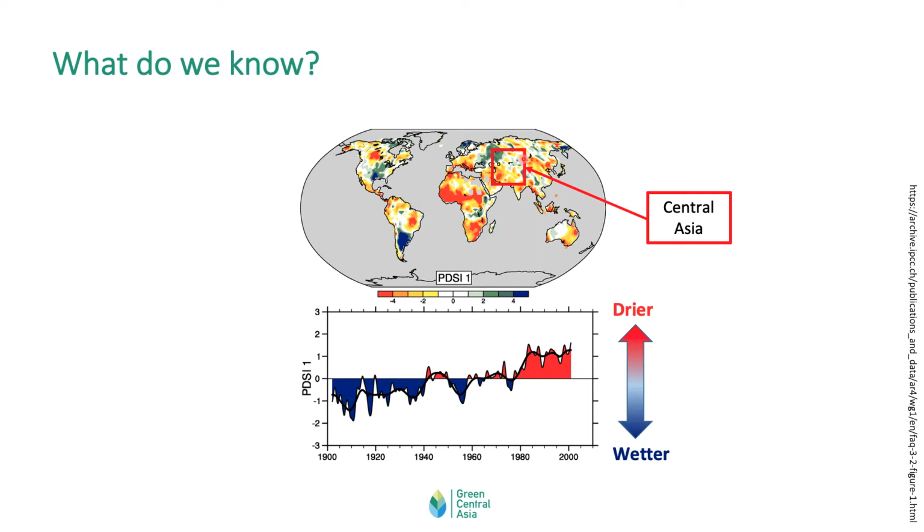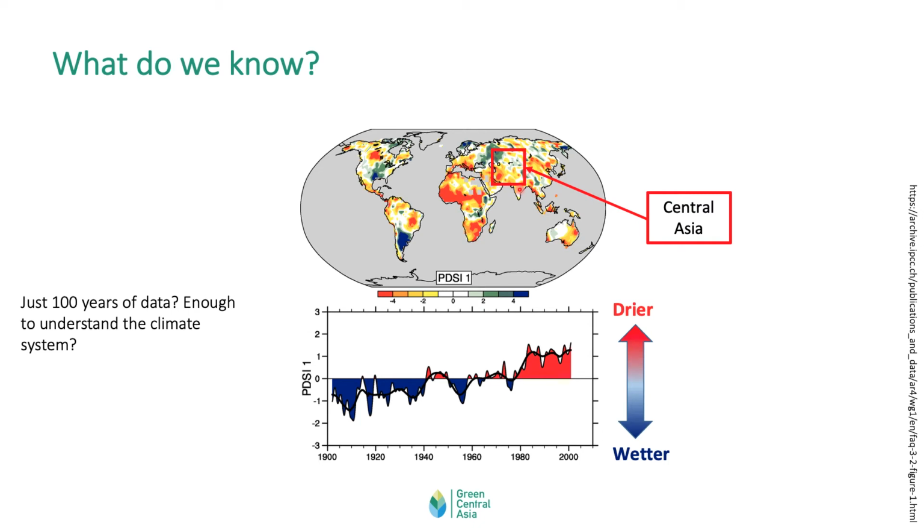And although precipitation is increasing, you see that the combination of the two is leading to more dry conditions since 1980 in large parts of Central Asia, for example. And we know that lots of lakes are starting to dry out in Central Asia, which never happened before.